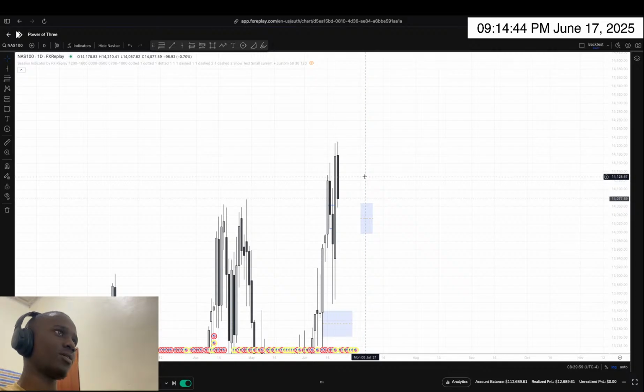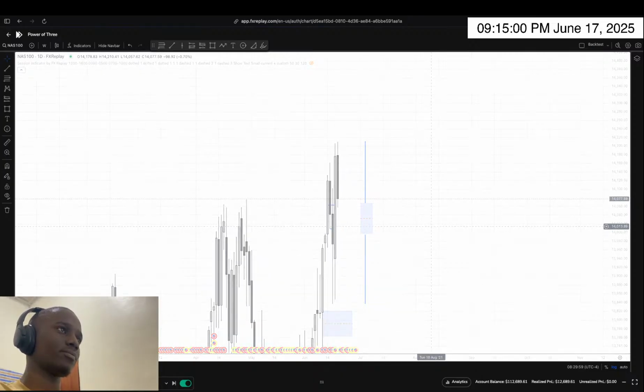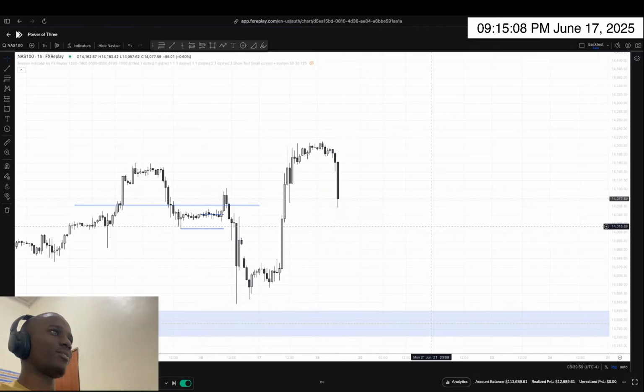Oh, sorry, from here to here, and another one like this low. Yeah, this is how the candle will look like on the weekly. Yeah, exactly the same thing. Very similar. And it's going back to 1 hour.